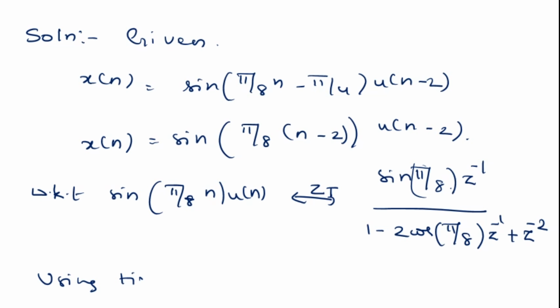Using time shifting property, we get sine pi by 8 into n minus 2 into u of n minus 2.